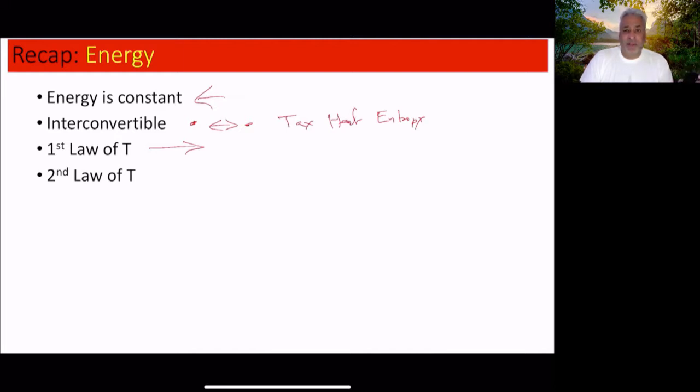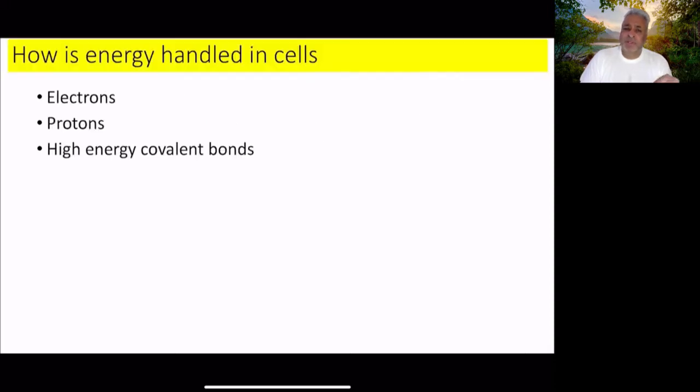Because they can't destroy energy or make energy. So these interconversions always result in the generation of useless energy, as physicists call heat. You and I know heat as something slightly different.